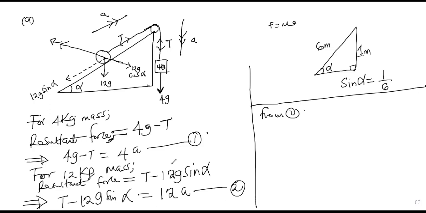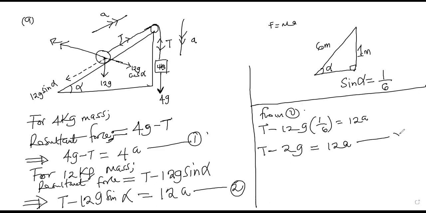From equation 2, I think we can reform that equation. T minus 12G sine alpha, with sine alpha being 1/6, is equal to 12A. So this is T minus 2G is equal to 12A.